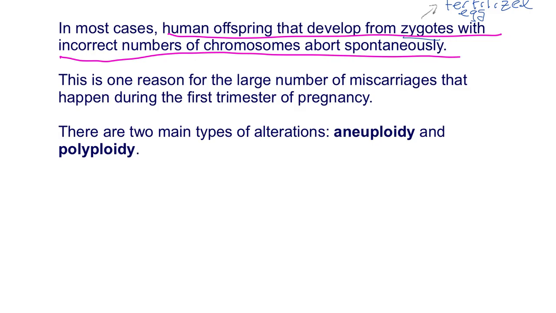Non-disjunction causes a situation we call aneuploidy. That causes the zygote to have one extra chromosome or one fewer chromosome than normal. We'll talk about polyploidy later.